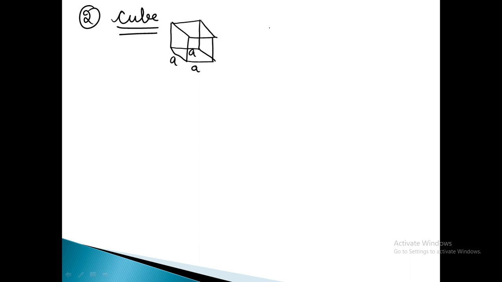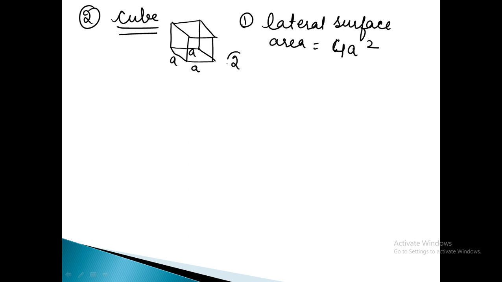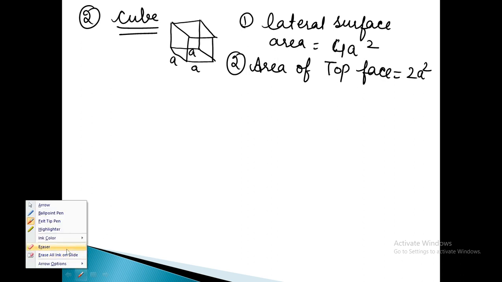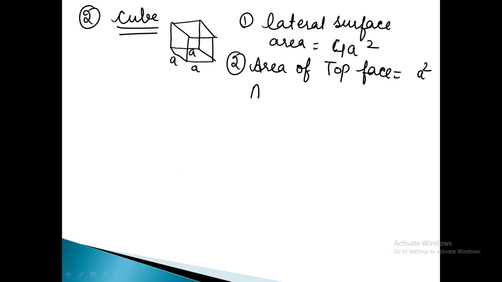Its first formula, for lateral surface area, will be equal to 4a². Second, the area of the top face will be a², and the area of the bottom face is also a².